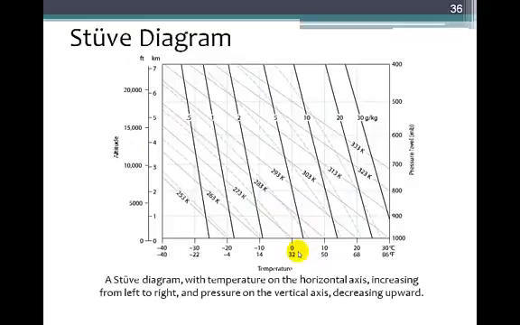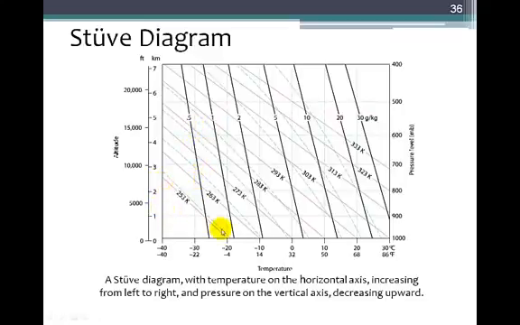A Stuve diagram is a way to chart out the amount of humidity and the temperature profile of air as you move higher up into the atmosphere. You can see it's a fairly complex graph. It's showing temperature, altitude, pressure, and also the amounts of water vapor in the atmosphere.